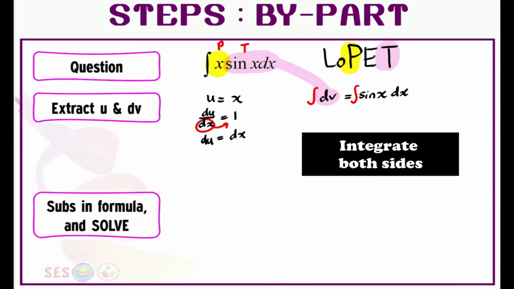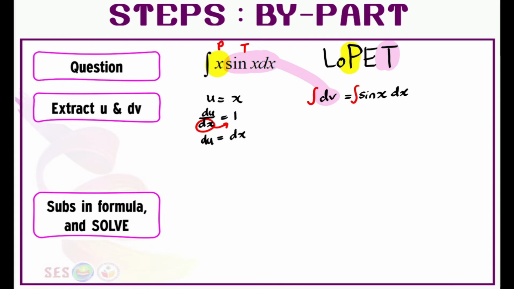Okay, so integrate dv will get v, and integrate sine x will get negative cos x. Do not bother to write plus c over here yet, because this is not our final answer.